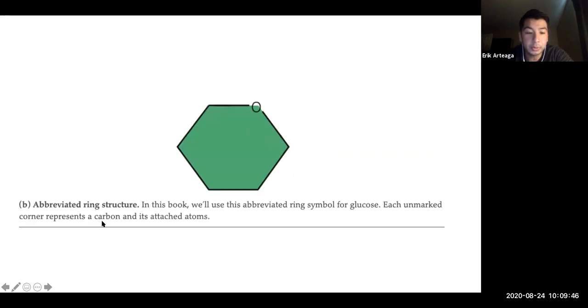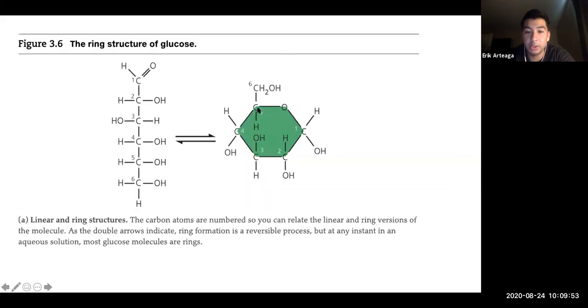So this is an abbreviated ring structure. In the book, they'll show it to you like this. This oxygen is referring to this oxygen here. Typically this one carbon is going to be bound to that fifth carbon here, and that sixth carbon is going to be hanging out with that hydroxyl group hanging.